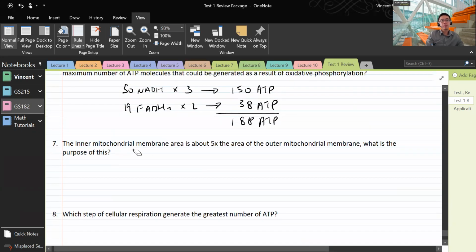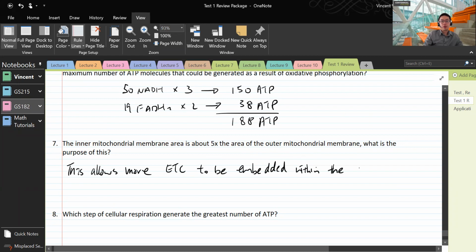Next one, the inner mitochondrial membrane area is about 5 times the area of the outer mitochondrial membrane. What is the purpose of this? Okay. So by forming the foldings, right, it increases the area. So this allows more electron transport chain to be embedded within the cristae, right?